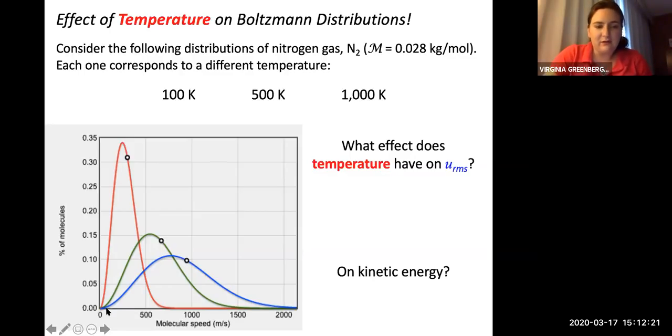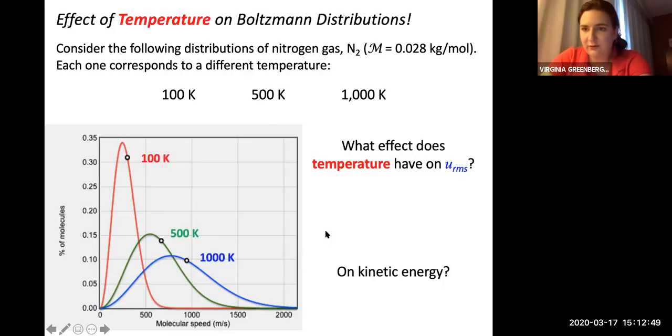Whereas if we look at the flatter, bluer curve, now we don't have such a big peak, but our gases are able to reach higher speeds, get up to that 1500 or so meters per second. Okay. And so those gases that are moving faster would correspond to a higher temperature, whereas those slower gases would correspond to a lower temperature.